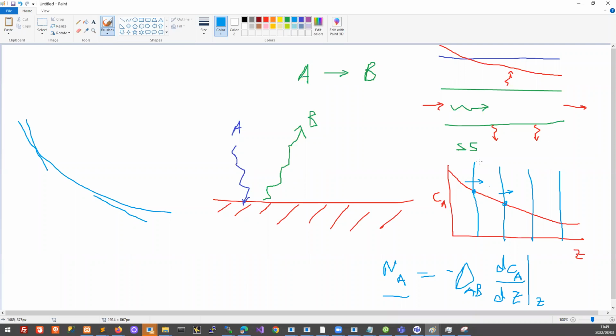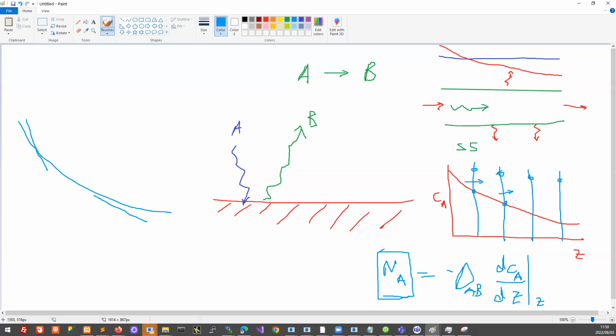But we have said now that the concentration of A is constant in time. So the only way for it to be constant in time is if every single molar flux here is the same. So those are all equal, and then we'll get a constant concentration of A. And so that's why we accept that N_A is not a function of z.